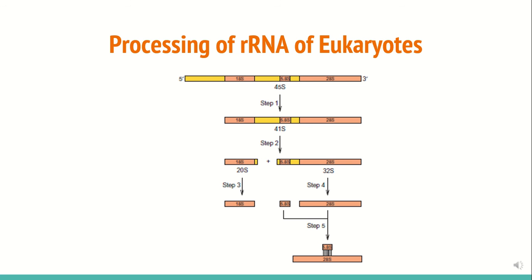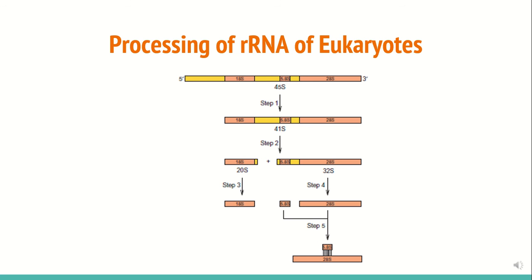In step 2, the 41S precursor is cut into two parts, the 20S precursor of the 18S rRNA and the 32S precursor of the 5.8S and 28S rRNAs. In step 3, the 3' end of the 20S precursor is removed, yielding the matured 18S rRNA.